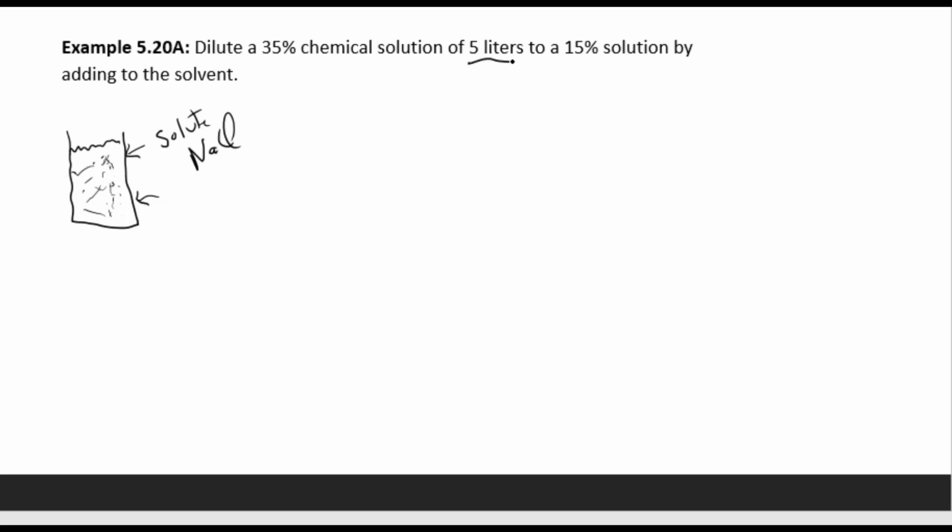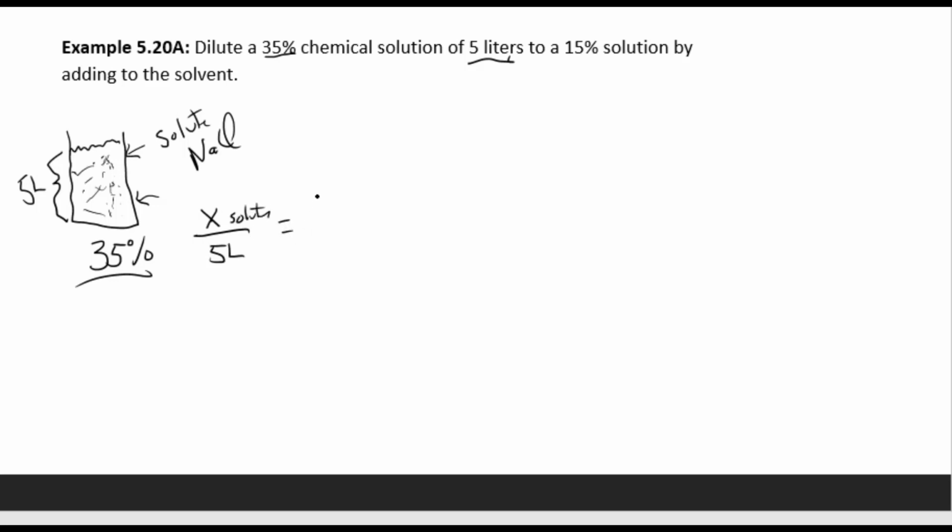So you have 5 liters of the solution. So let's say that's 5 liters right here. And it's a 35% chemical solution. So 35% of this solution is, well, we'll say salt, right? So if there's 5 liters total, how much is the solute?